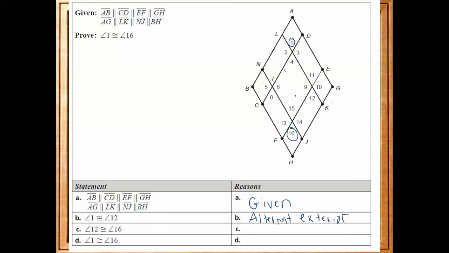Then it gives us angle 12 is congruent to angle 16. And we know that angle 12 is congruent to angle 16 because if we look here, they are going to be corresponding angles. Because 12 is below and to the right of the transversal, and 16 is also below and to the right of the transversal. So it's going to be corresponding angles.